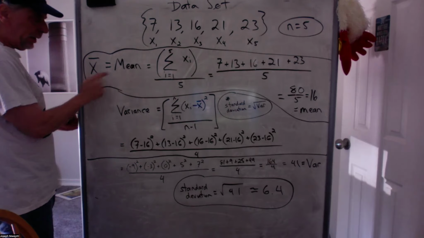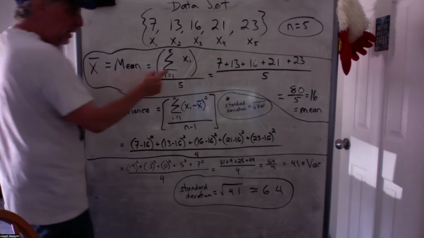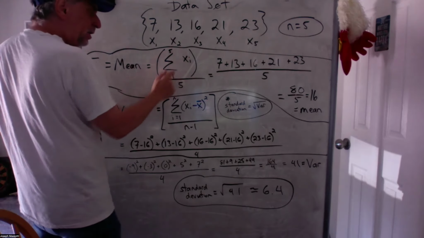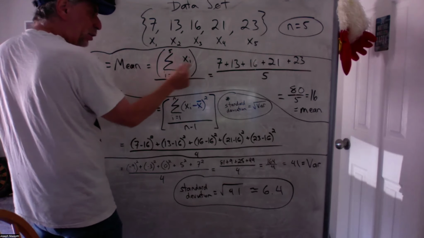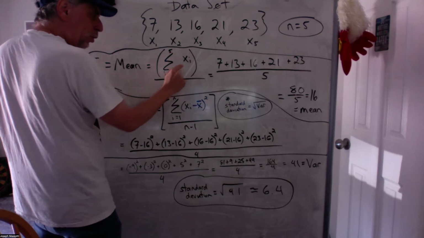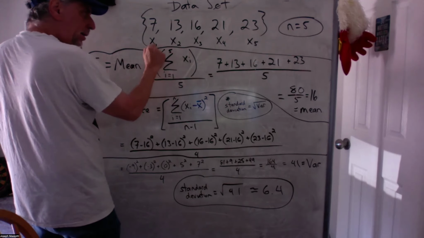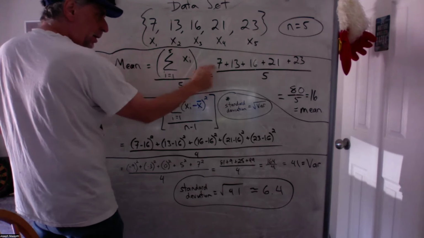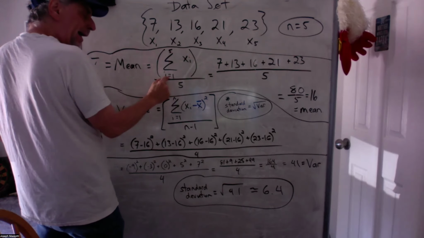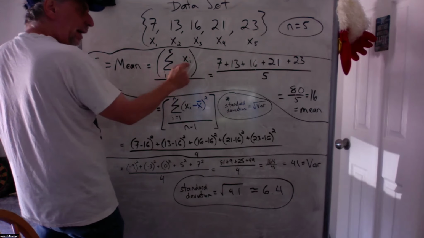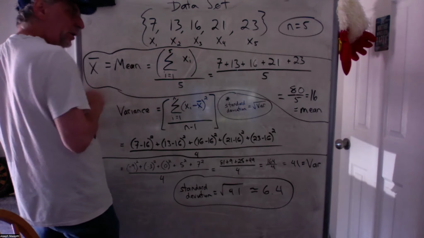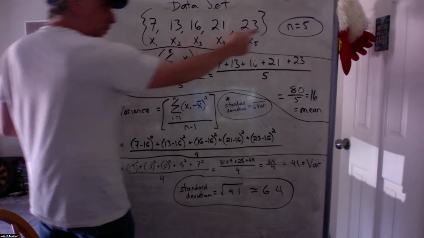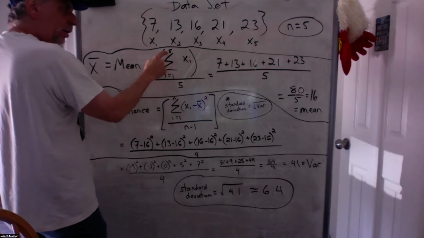We add up all the values. This means you take the sum from 1 to 5 of this expression. So you plug in i equals 1, x sub 1, which is 7. And then you add the next, when i is 2, x sub 2, 13, and so on till you get to the number up here. Whatever n is will be the number up here.